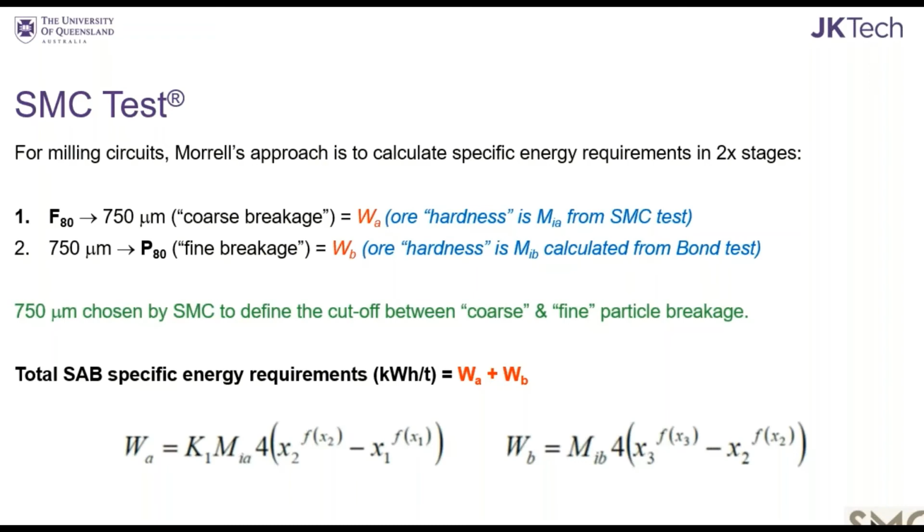Obviously, you get the Mi values from the test work. That K factor there is basically a parameter indicating if you've got a pebble crusher in the circuit or not. So once you've got your Wa and Wb parameters, or if you've got HPGR, there'll be another equation, you can calculate that SAG specific energy requirement. I'll go through with that one.